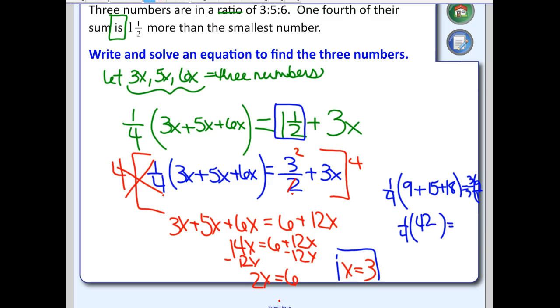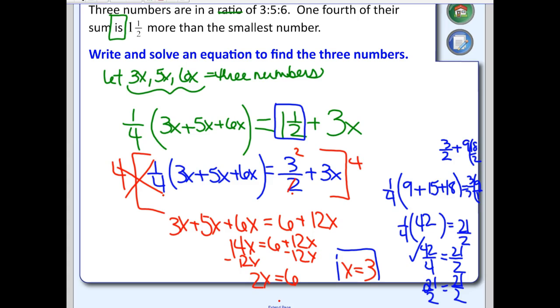Okay, so we've got 3 halves plus 9. Okay, and we're going to change that 9 to 18 over 2. So we've got 21 over 2. So 42 over 4 equals 21 over 2. And that's true when we simplify that bottom fraction. So the check on that one was a little tough, but we got through it.